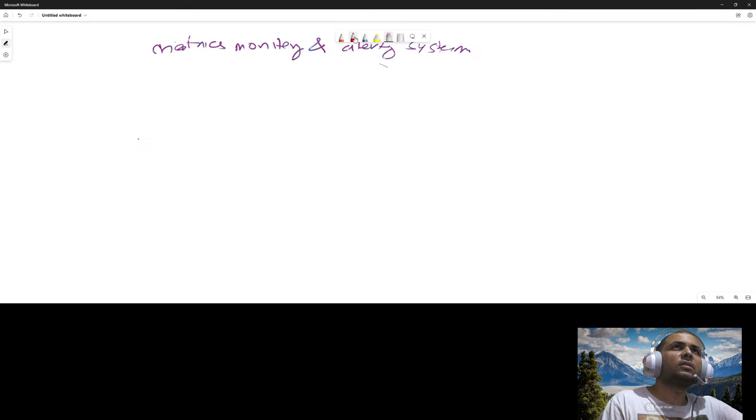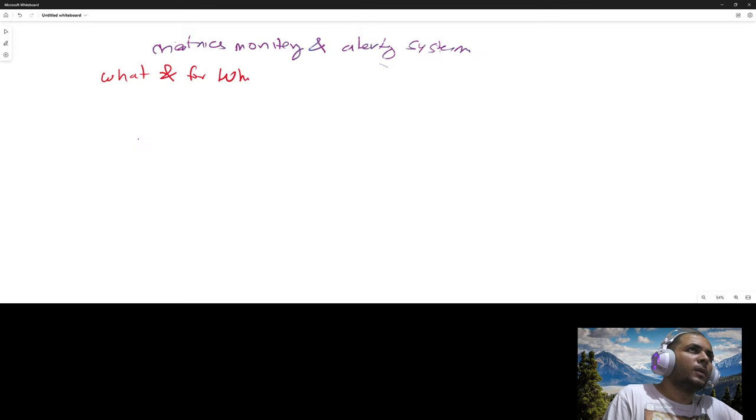The first problem statement is who we are building the system for. Are we building an in-house system for a large corporation like Facebook or Google, or are we designing a software as a service like Datadog and Splunk? So the first question is what and for whom. You should always ask these questions when starting to build any kind of system design.